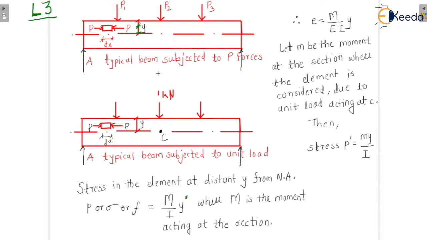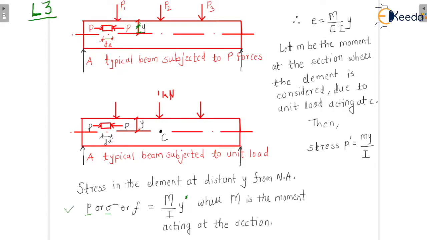If you say y dash, it becomes y dash, or otherwise it is y. The stress is also denoted by small p, sigma or f. These are the notations for stress, so we can use any of them. So M by I into y, where M is the moment acting at the section.